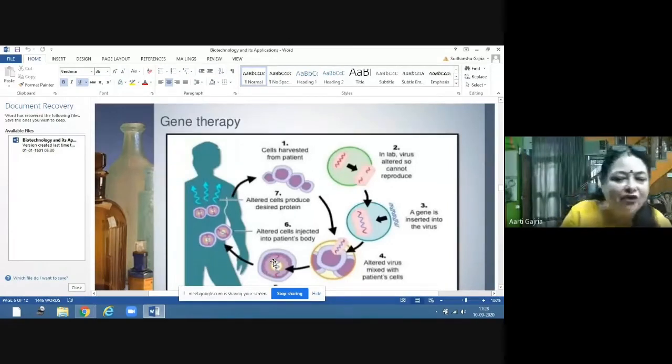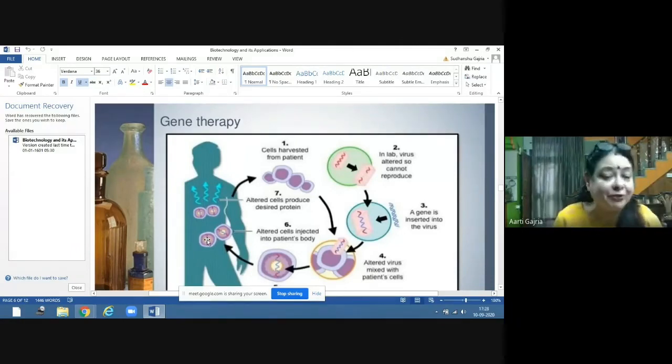Again these lymphocytes can be put back into the body of the patient. So now these lymphocytes are capable of producing an immune response. So immune response is possible in these patients with the help of gene therapy.